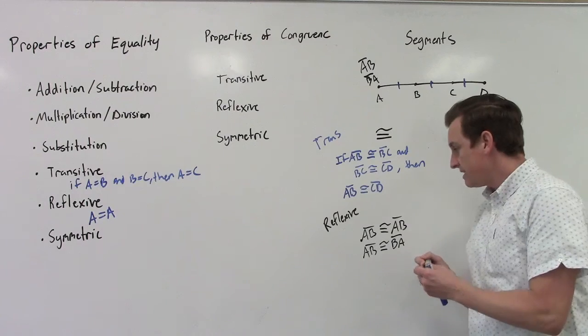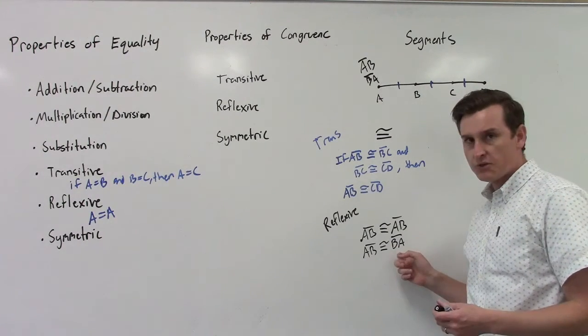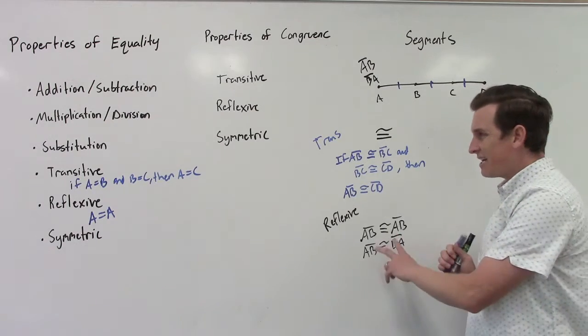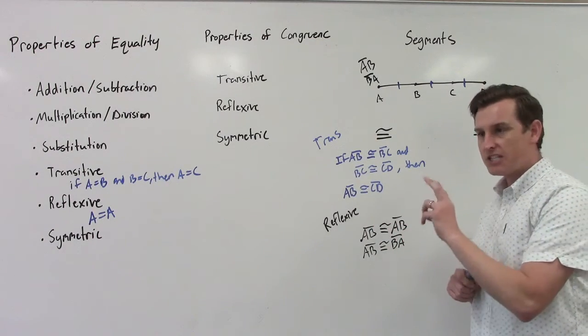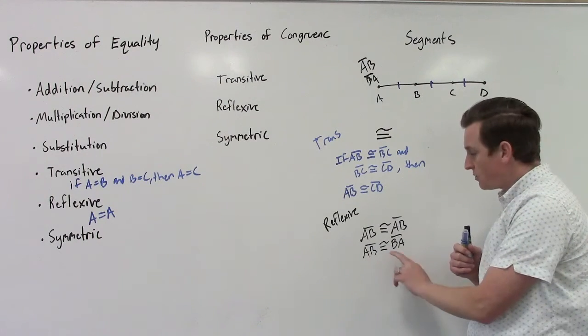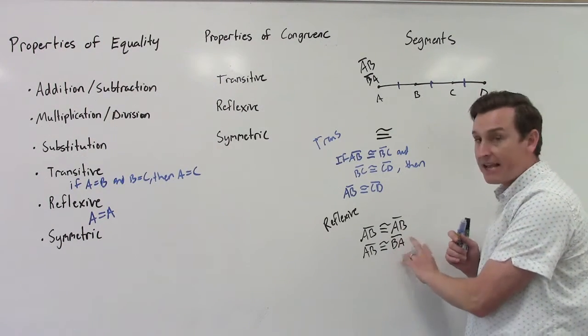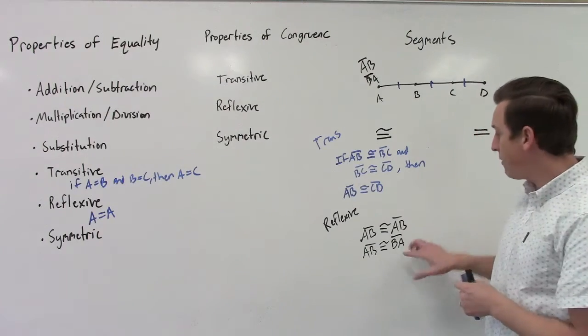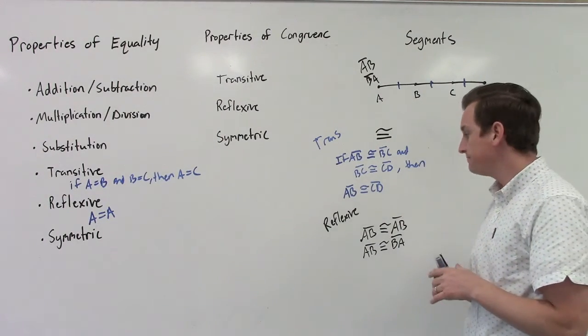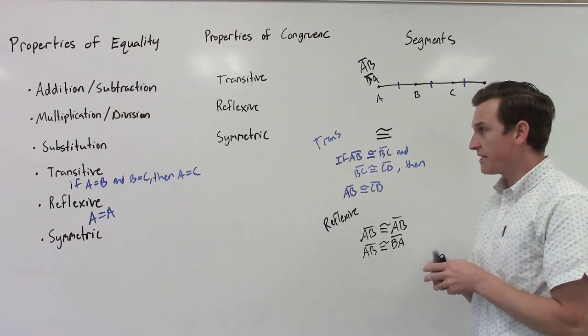That's the same thing as AB being congruent to itself. Sometimes that's helpful, and this looks almost like the symmetric property where you're changing the order, but we're not switching what's on either side of the congruence. We're just changing the order of the letters, and again, that's not a property of congruence. That's just how we write segments. So that's how the reflexive property works.